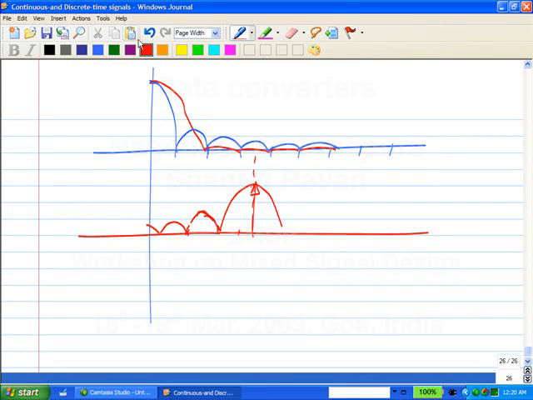The rectangular window would have done something like this, and the Hann window will do this. Okay. So what happens is, right next to the sinusoids, it is much worse. Okay, but away from the sinusoid, the energy is much less. This you can see by plotting it on a log scale or a dB scale.